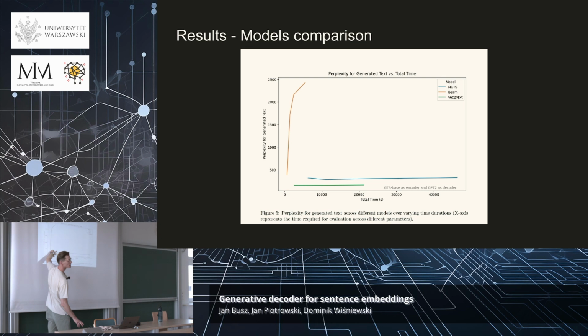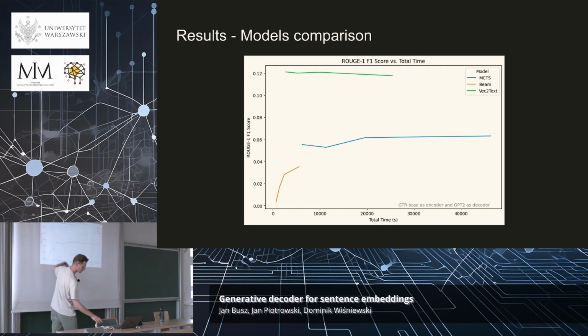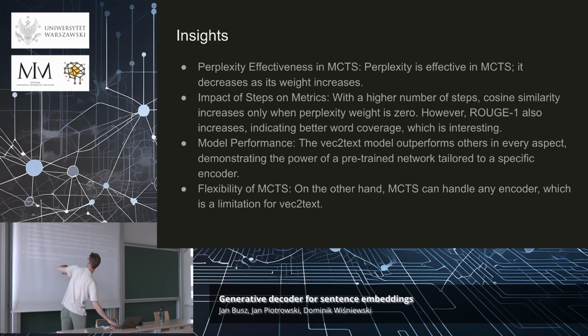We can see that the results are very similar for MCTS and vec2text. But of course, vec2text doesn't have a perplexity weight or tools like this. And we can see that at the last we have, okay, we have to go further.